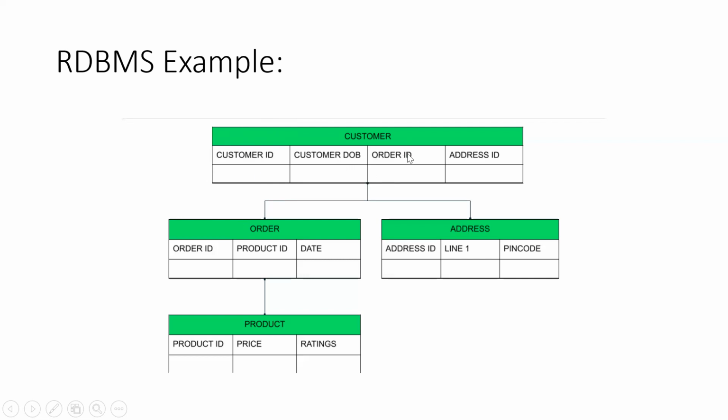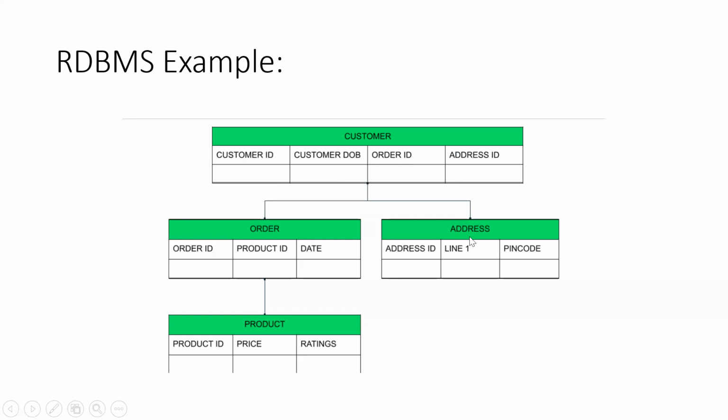But you can see order ID should not be primary here. Address ID, for example: suppose customer ID 123 has the address ID XYZ. The address ID cannot be the primary key for the customer table because two customers can reside in the same address location, maybe the same city. So that cannot be unique in nature.